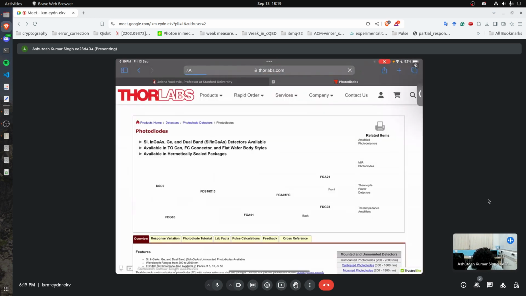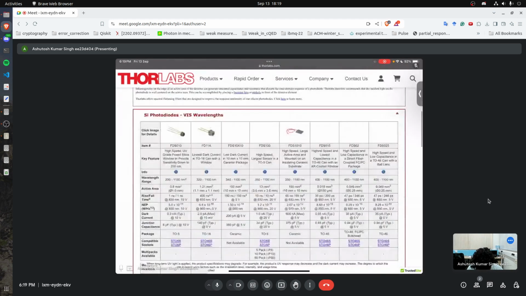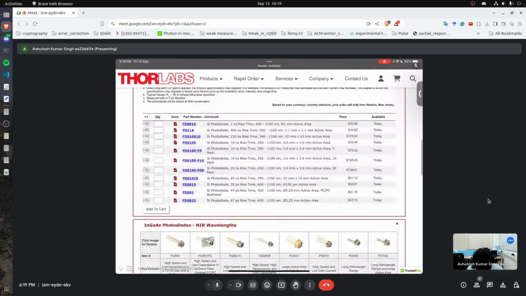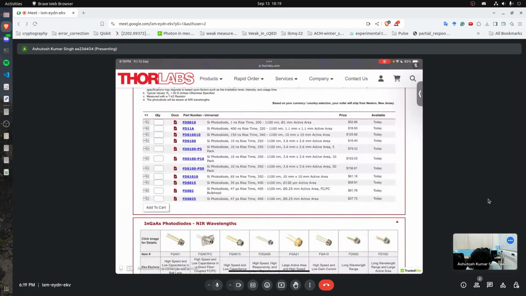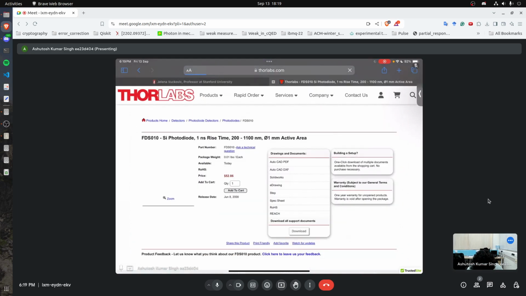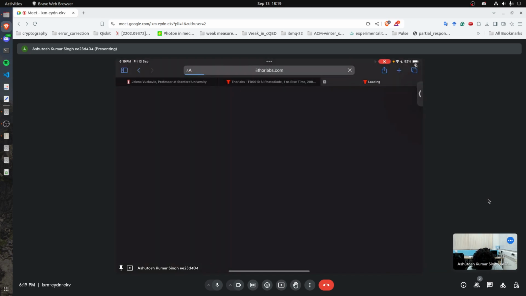So if we go to a Thorlabs photodiode, we could just pick any one. So you see there are these with silicon. Let's look at one and we'll take a look at its spec sheet.